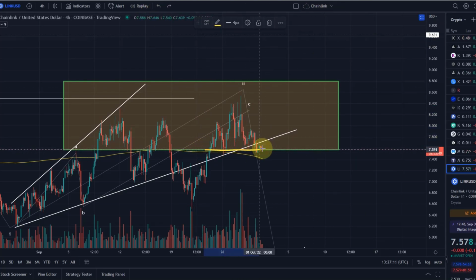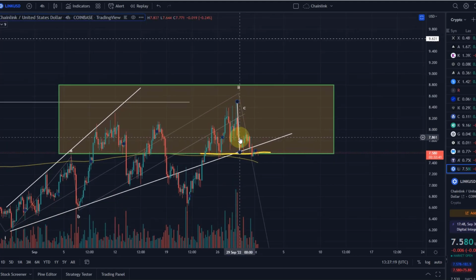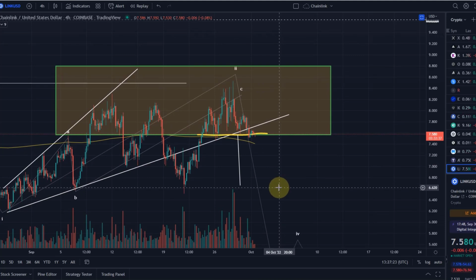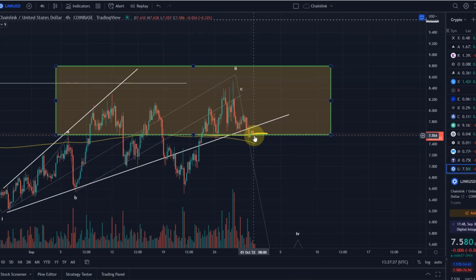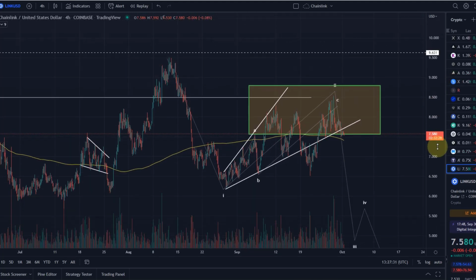Neckline here, and target, just purely using traditional TA, we would look at a target from the breakout point of around $6.62.